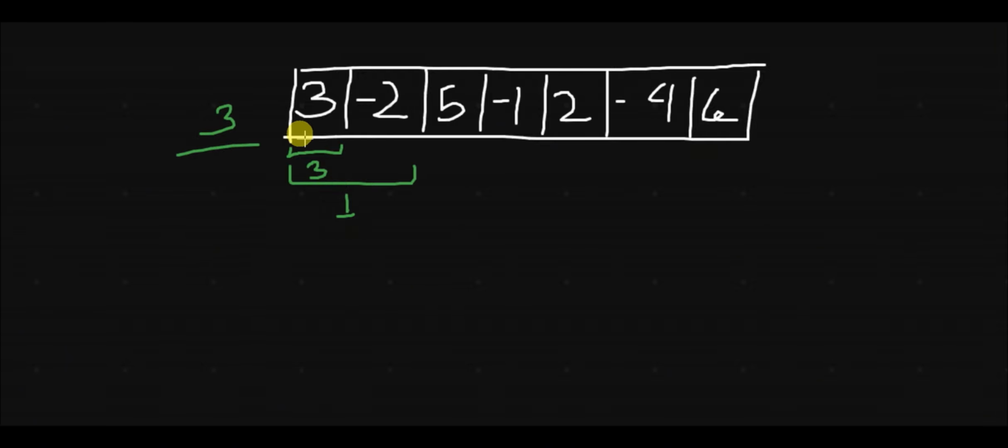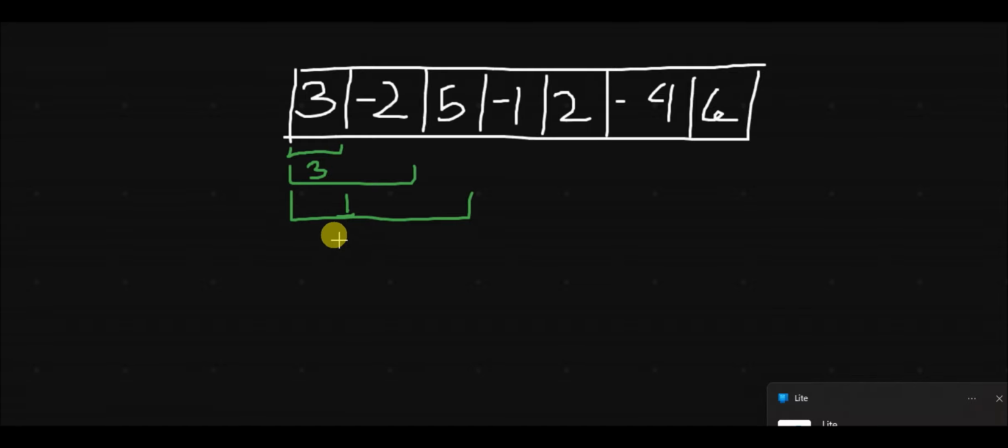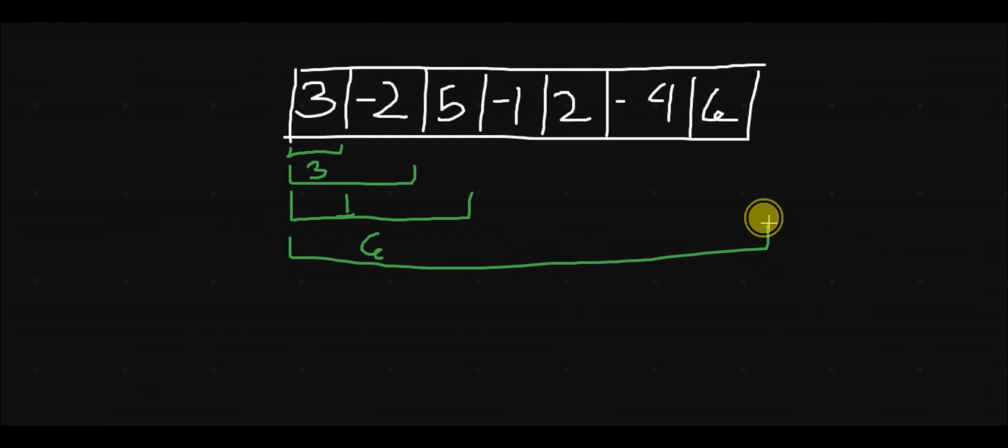That 3 will still be the maximum sum. What if we go to the third current sum? 3 minus 2 is 1, plus 5 is 6. So the maximum sum is now 6. Then this process repeats until the end.